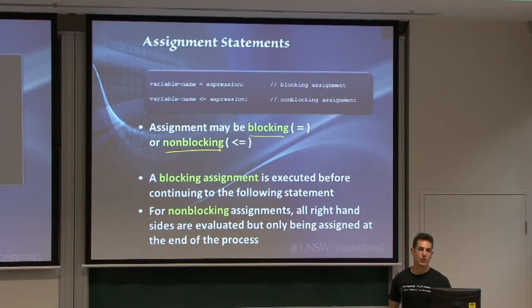Blocking assignment is what you would expect an assignment to be, just like in C. You assign one value to the other, right-hand side to a left-hand side. Like here, the right-hand side could be an expression, it could be another variable, it can be a wire, it could be a more complex expression.